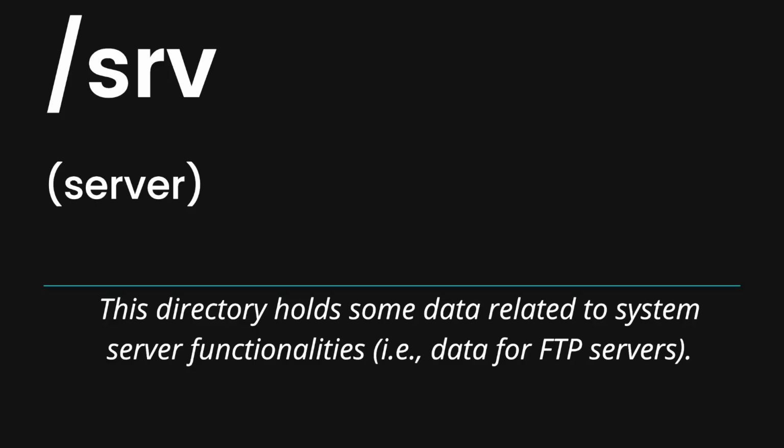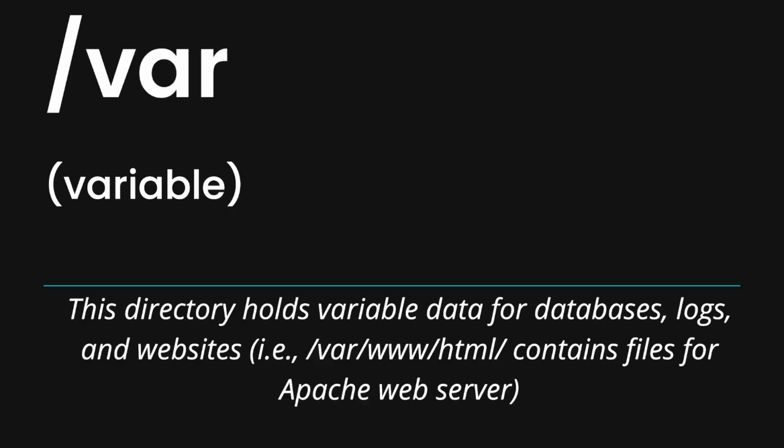You will have all of them right here. So the next one is going to be /var, which stands for variable. And this directory pretty much has variable data for databases and logs and websites, such as /var/www/html, which contains files for Apache servers.